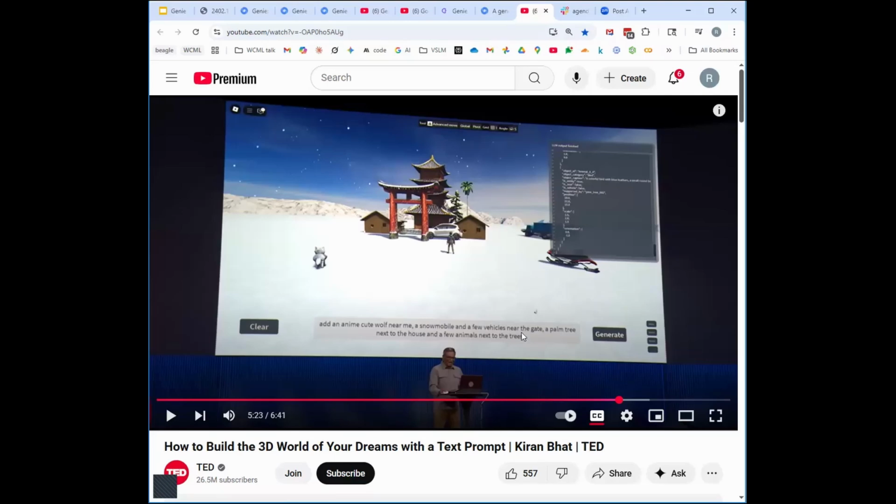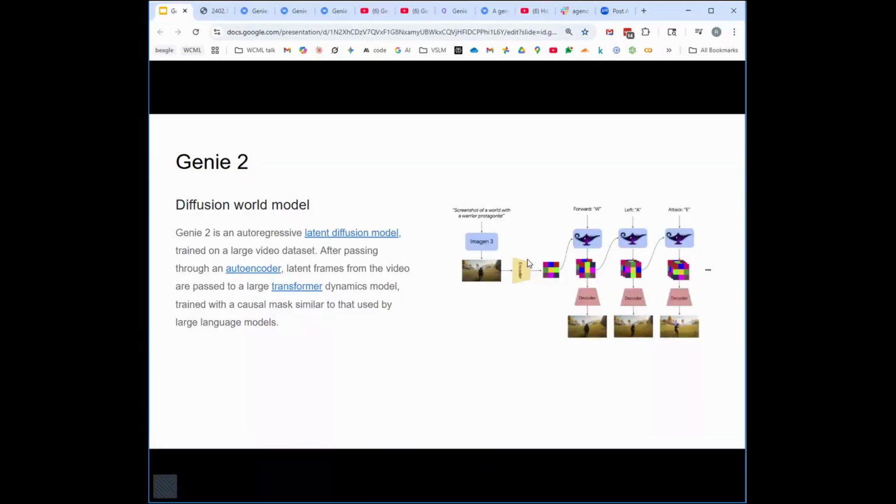I guess in this context, it's not really the language model that's in Genie. It's not the language model that is doing this. It's this trained dynamics model. But there's a lot.